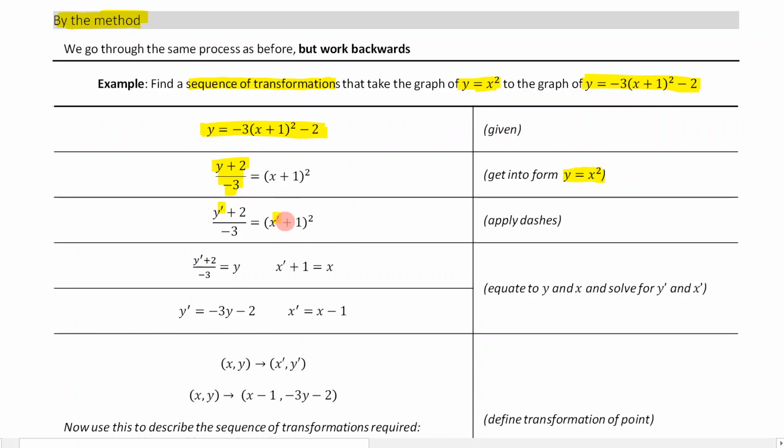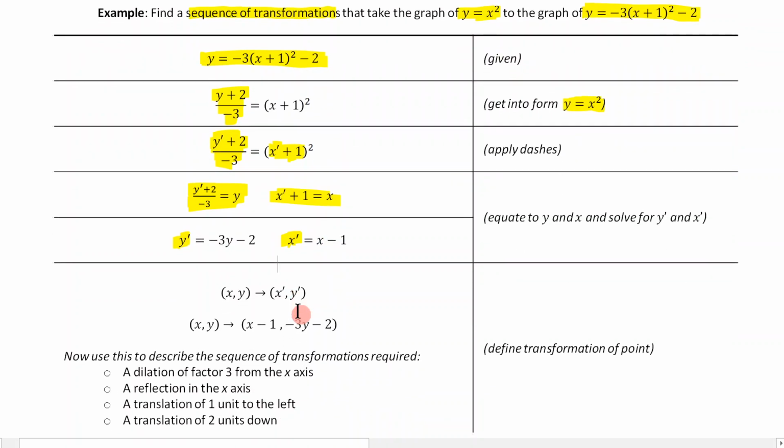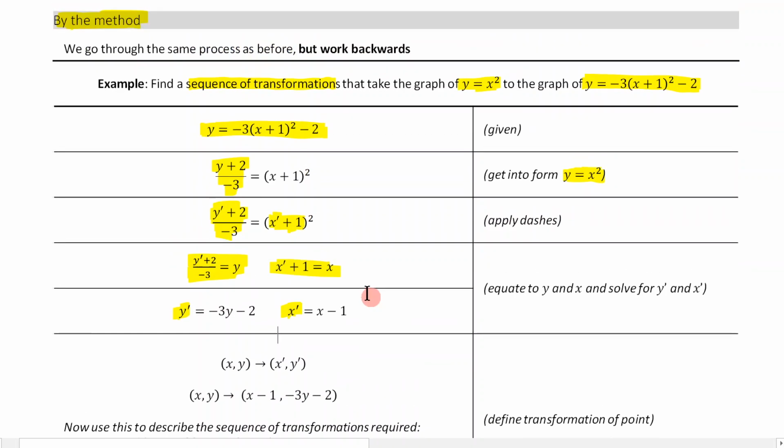We then equate it to y and x. So as you can see here, we're equating this to y, and we're equating this to x. And then you simply rearrange to find what y dash and x dash are going to be. After you've done all that, you can simply read off your transformations. Now, that probably made no sense, because it only really makes sense when we go through an example together. This is just a good reference point for you.